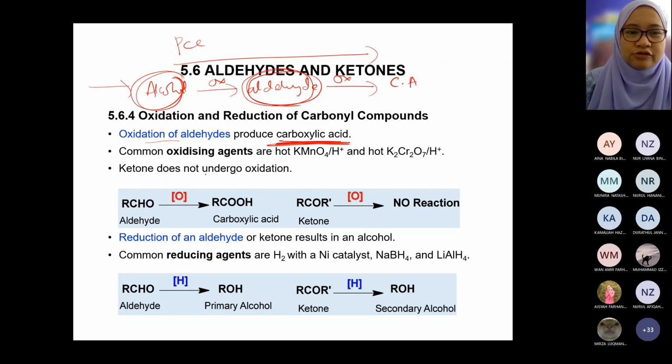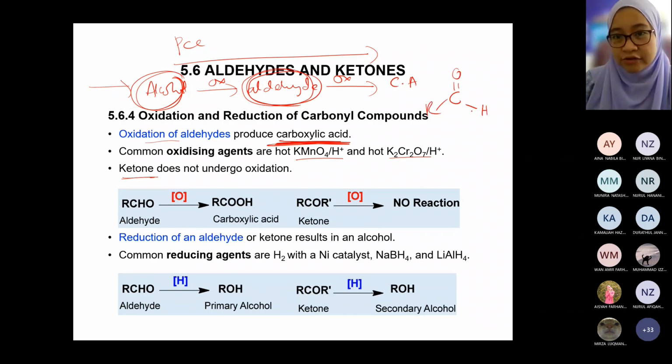Okay, alright. So common oxidizing agent, like always, CHM096 and potassium dichromate. Hot CHM096 and potassium dichromate. Okay. However, ketone, how about ketone? Ketone cannot undergo oxidation. Why is it so? Because there's no oxidizable hydrogen. So you know kan, this is aldehyde.